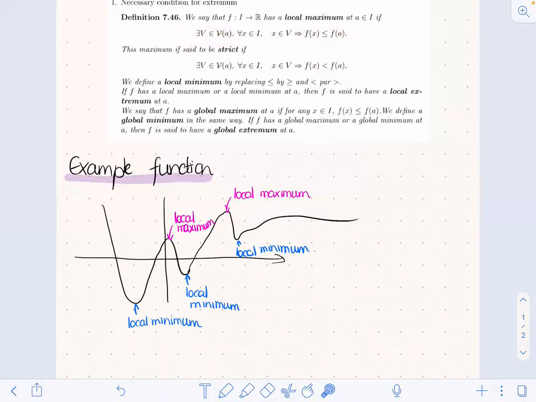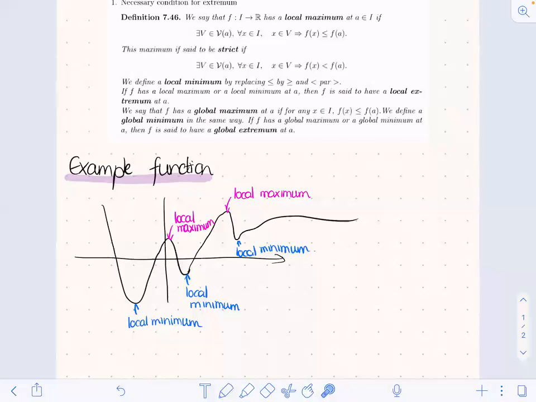Here we only need f of x smaller than f of a to hold on a neighborhood of your point A. Global maximum is when it holds on the whole of the interval that you're considering. So here, for local, it's x in I, but we restrict to any x on the neighborhood of A. For global maximum, you have x in I, and for all of those x's in I, you have f of x smaller than f of a. So we can generalize the notion of an extremum to a local setting.